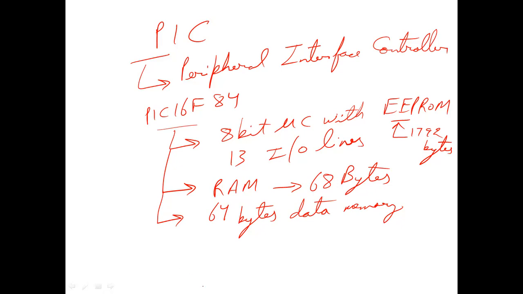The clock speed in this PIC 16F84 microcontroller can be from 4 to 10 megahertz, right? Now let me draw the schematic of PIC microcontroller. So here I am drawing the microcontroller now.